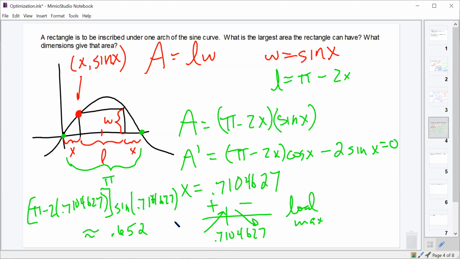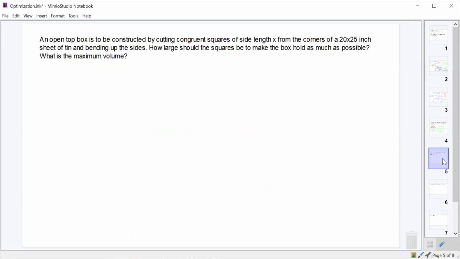Good? Any questions, any issues? Everyone feeling okay about basic optimization stuff here? All right, let's do another one.